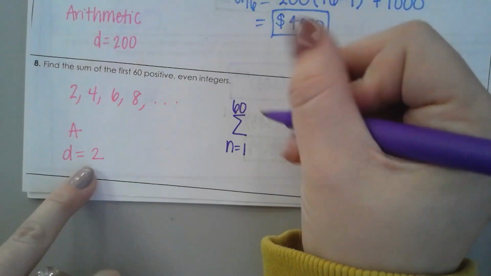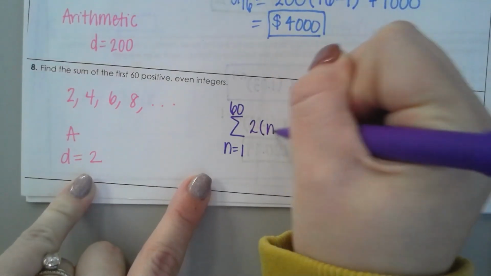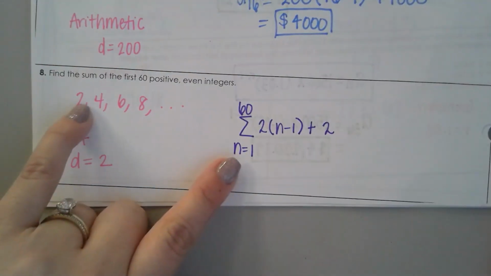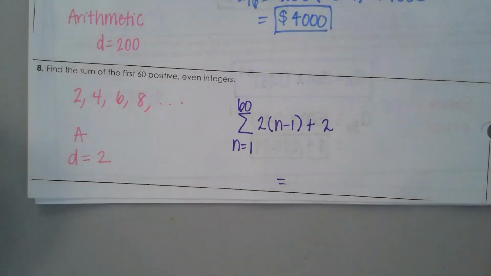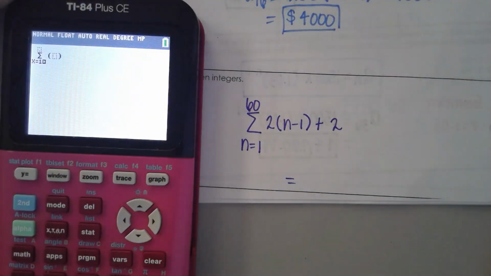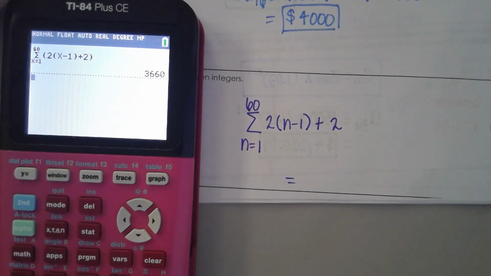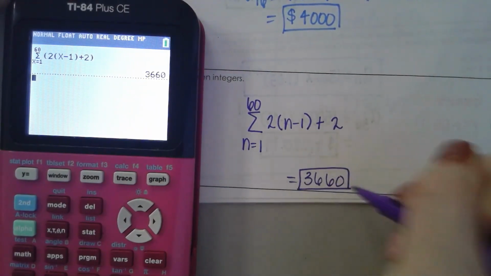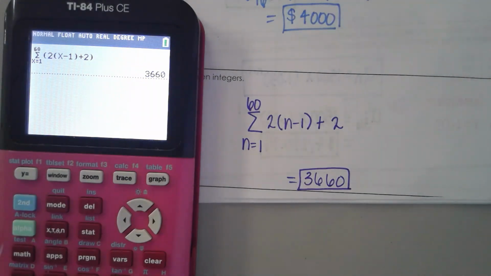And then it's my common difference of 2, n minus 1, plus a1, which is 2. And you should get 3,660.